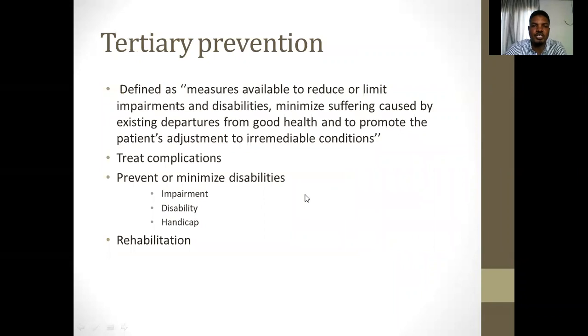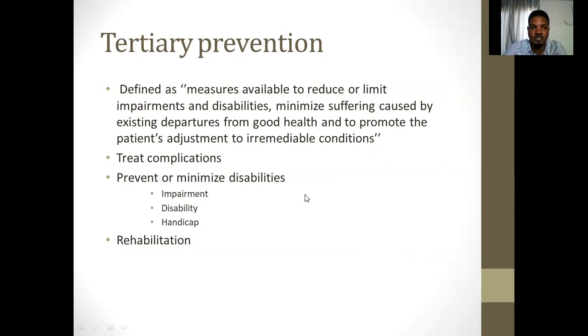Now we'll go to tertiary prevention. Tertiary prevention is defined as measures available to reduce or limit impairments and disabilities, or to minimize suffering caused by existing departures from good health, and to promote the patient's adjustment to irremediable conditions.